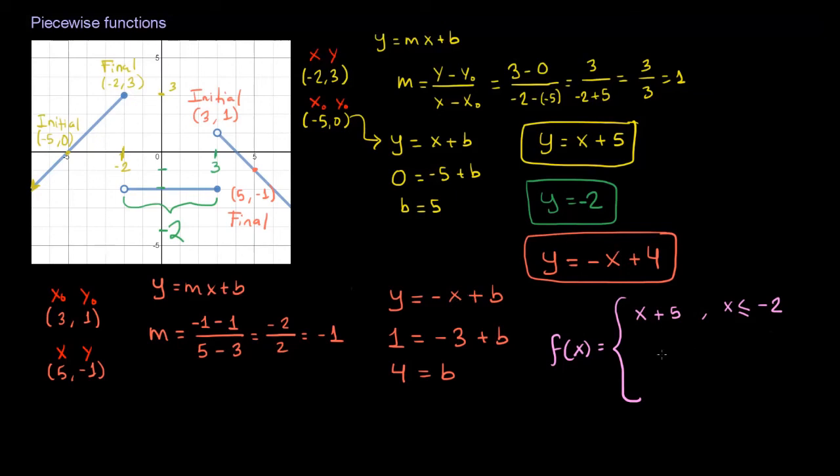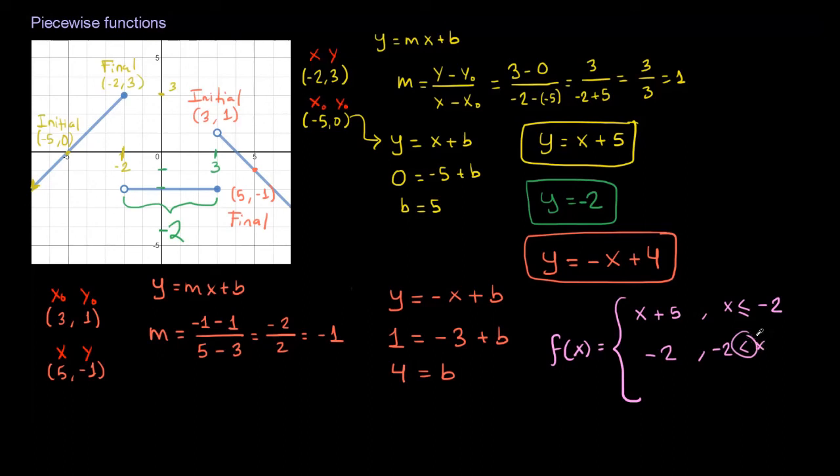Now let's go for the second one, which is y equal to negative 2. It will be negative 2 when x is between the values of negative 2 and positive 3. Now the negative 2 is not included. Here's an open circle, so we write negative 2 less than.